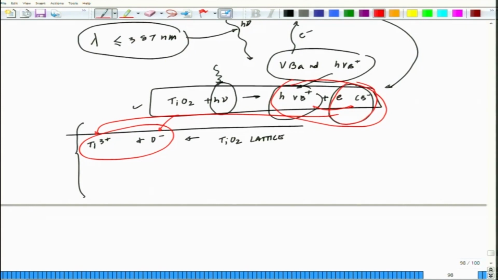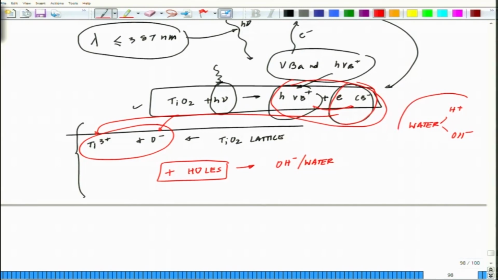Positive holes can oxidize OH- or water at the surface. So, positive holes can oxidize OH- of water or water, because when you talk about water we are talking about H+ and OH-.